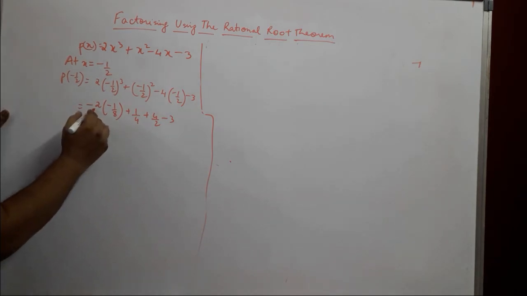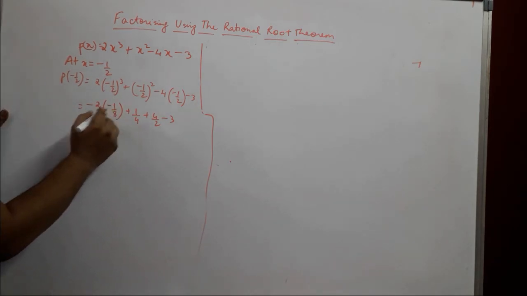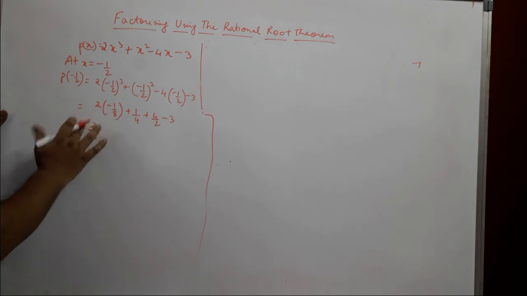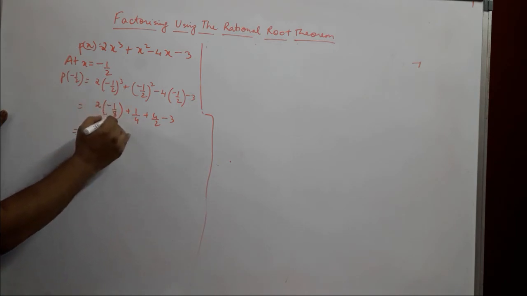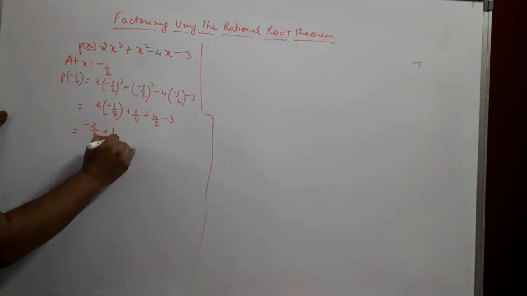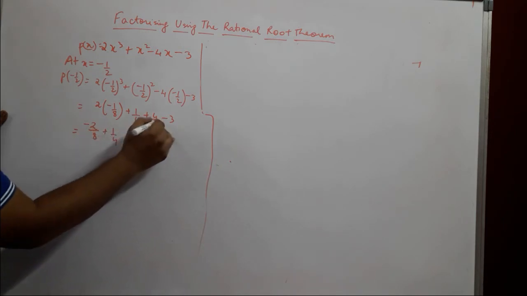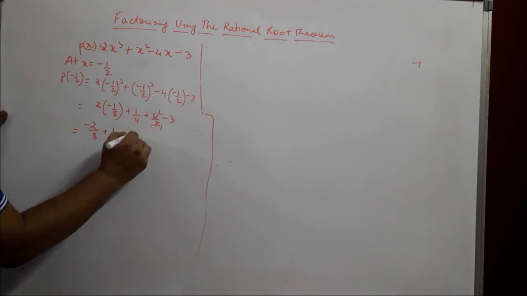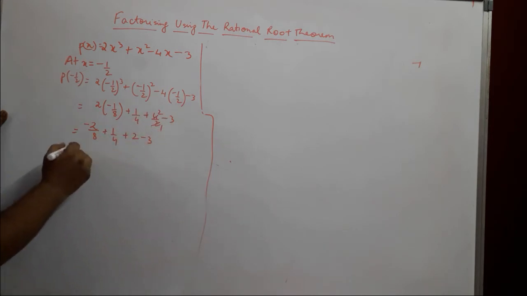So in this case minus 2 multiplies with minus 1. Sorry, there is no minus sign over here. So 2 into minus 1 upon 8 will give us minus 2 upon 8 plus 1 upon 4. And here we can cancel this out. 2 1s are 2, 2 2s are 4. So we get plus 2 minus 3.